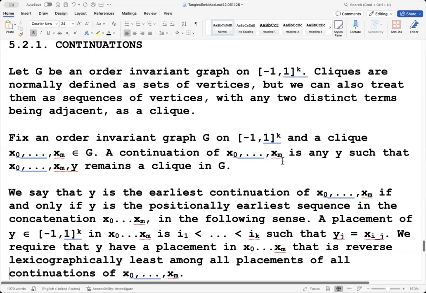It may be that one should just go directly to the important case. So how does this algorithm work? You have an order invariant graph G on {-1, 1}^k. You also have an initial vector x naught, which is a k-tuple.